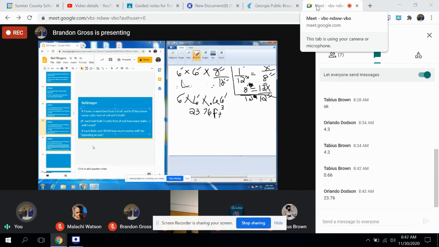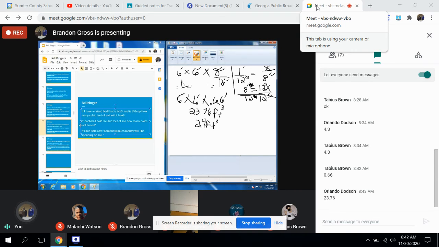Because this is your very first time doing this type of problem, we're going to go ahead and round up. Normally, when you're doing them for me, work all the way through these before you do any rounding or figuring. But let's round it up because this is your first time doing one of these. So we got 24 feet cubed.